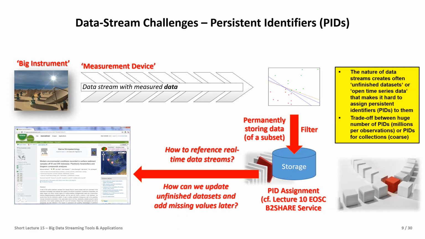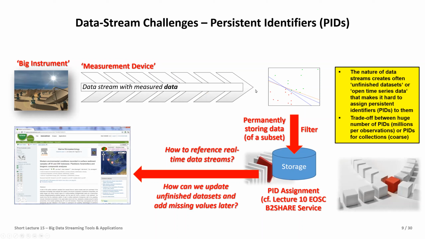So looking at the way you would identify data leads us to another challenge in the data. Because we have a time series, as you see a little bit here, with each timestamp comes new data measured. It could be from this big instrument that we use here as an example.